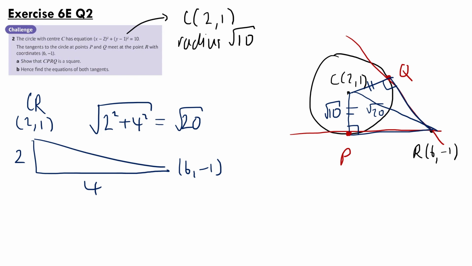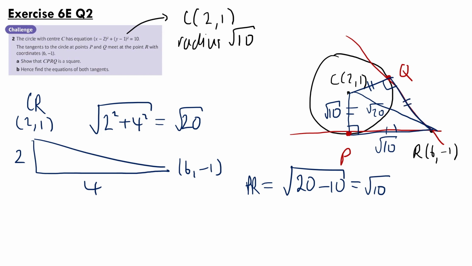And now using Pythagoras again, we can find the length PR, which is equal to the square root of 20 minus 10, which equals the square root of 10, as we wanted. So we know that these two sides are equal, and also because CPR and RQC are congruent, that RQ also equals the square root of 10.